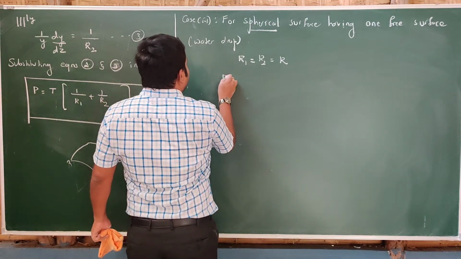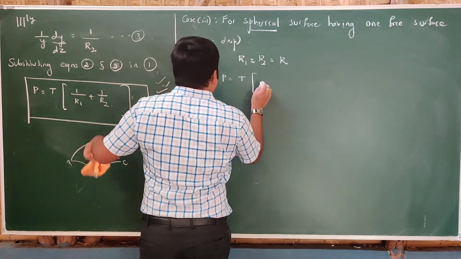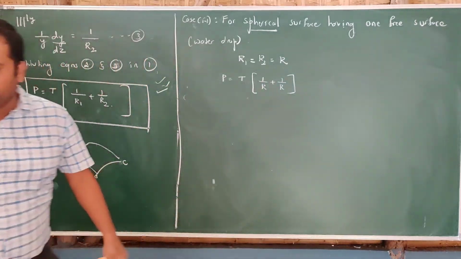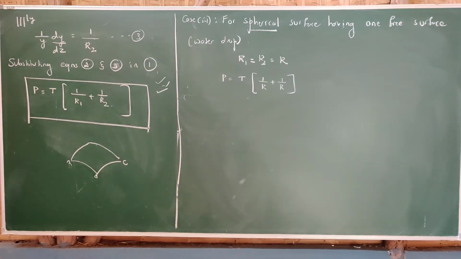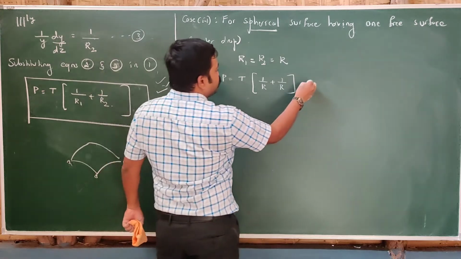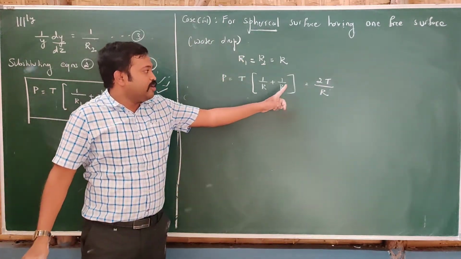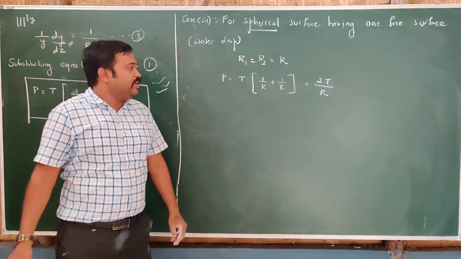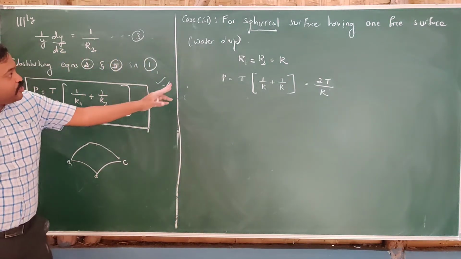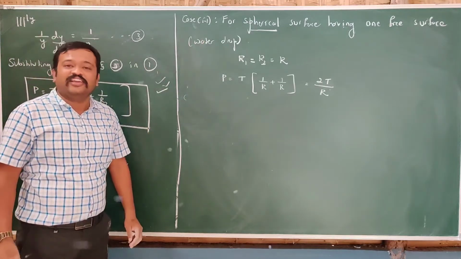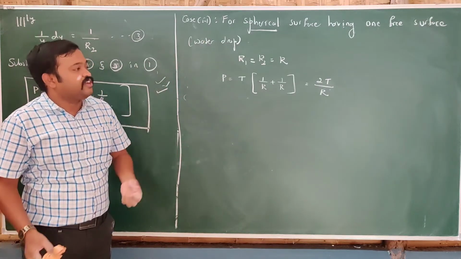P is equal to T times 1 divided by R plus 1 divided by R. 1 by R plus 1 by R is 2 by R. So this is 2T divided by R. This is the pressure inside a water drop, a spherical surface having a single free surface.